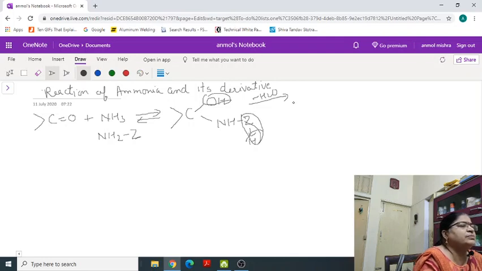So it will form, so one by one we will study. Once again I am telling you, this is the carbonyl carbon. When reacts with ammonia, it forms an addition product, and on dehydration it forms this compound. The first we will study, that is ammonia.